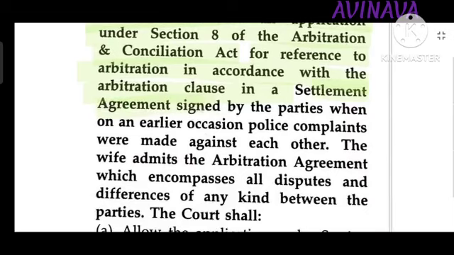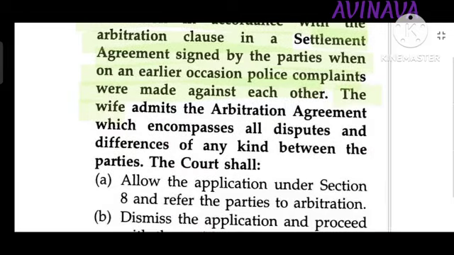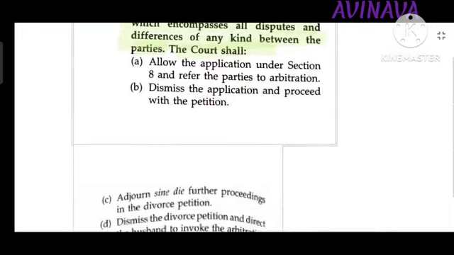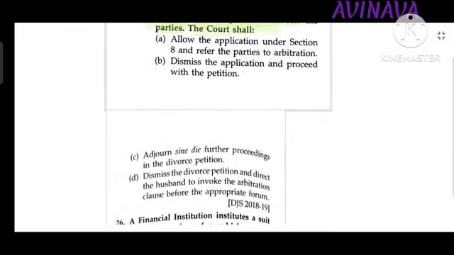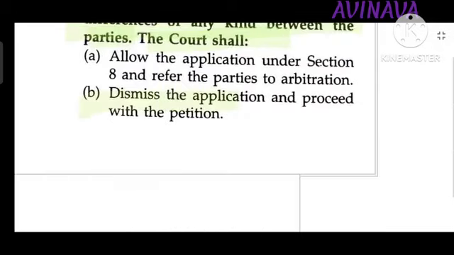A settlement agreement was signed by the parties when, on an earlier occasion, police complaints were made against each other; the wife admits the arbitration agreement, which embraces all disputes and differences of all kinds between the parties. The court shall dismiss the application and proceed with the petition.